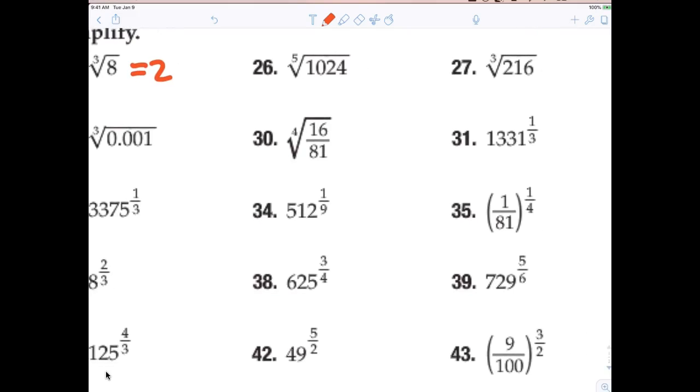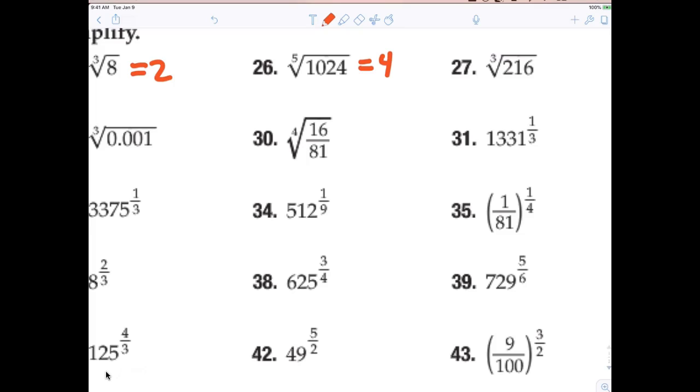Perfect. Fifth root of 1024. Mr. Genuine. That would be, my bad, sorry. 32? I don't think so. My bad, I see what I messed up, sorry. Come on.